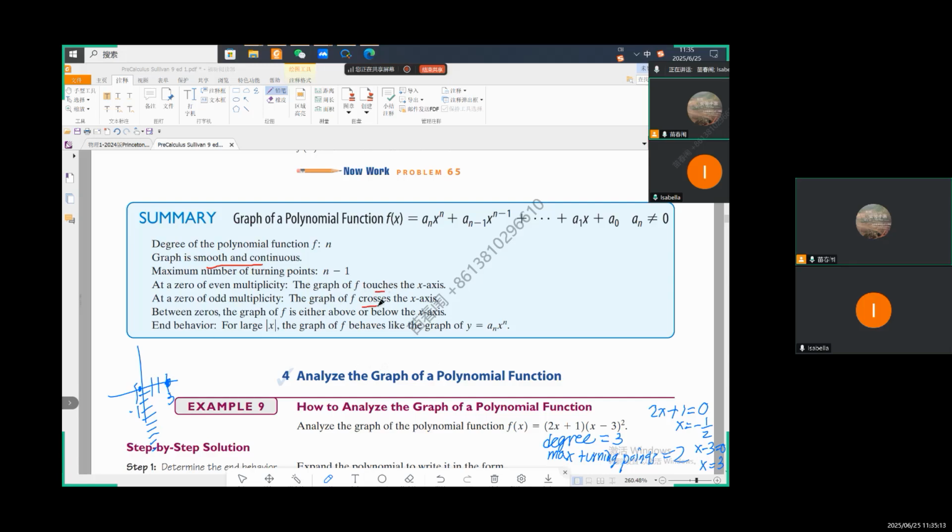This one, I know that it touches or crosses. I'm just trying to think about the rest of the graph as well. Sorry, let me just do it on my own. 5 times negative. Near zero behavior, you can also call it substitution.